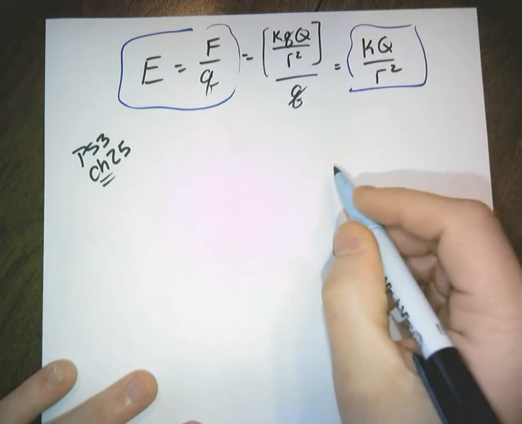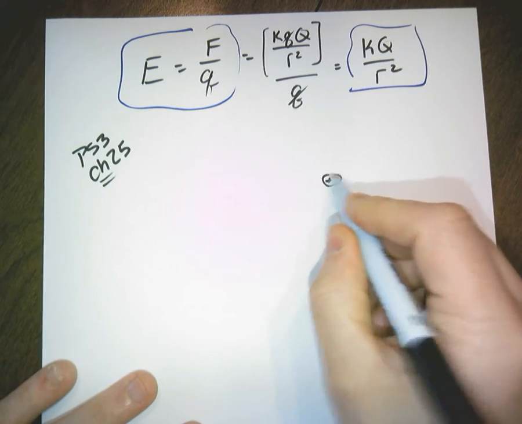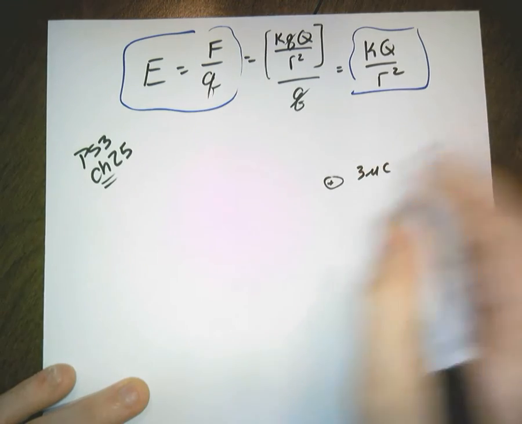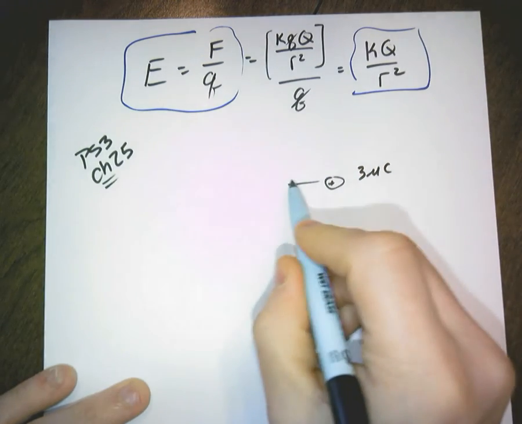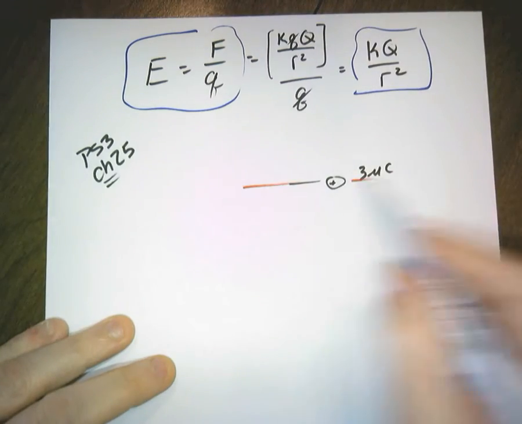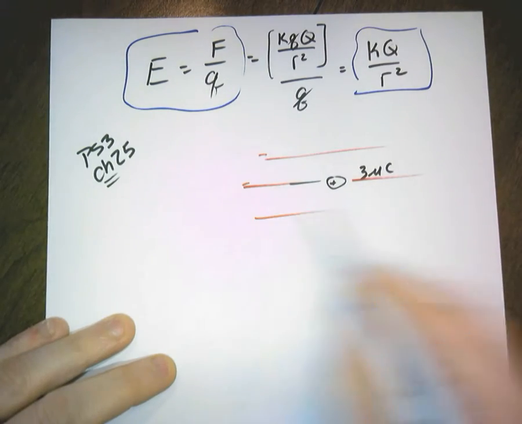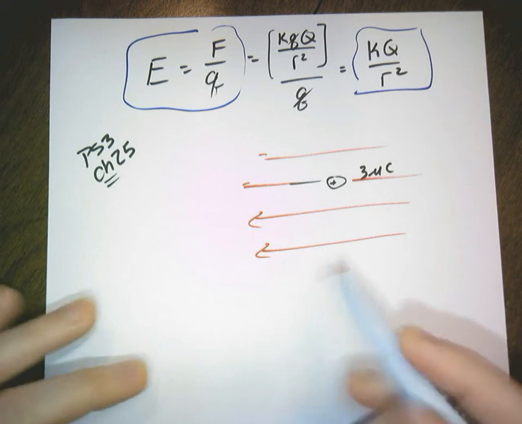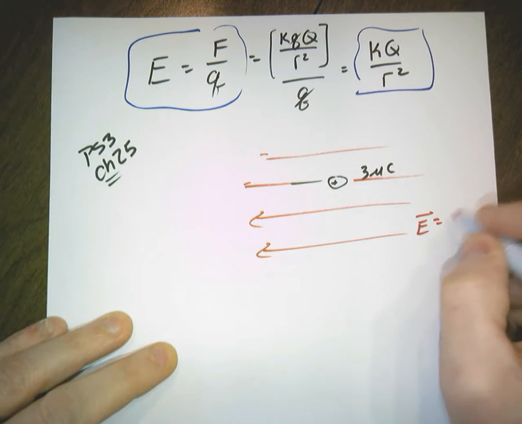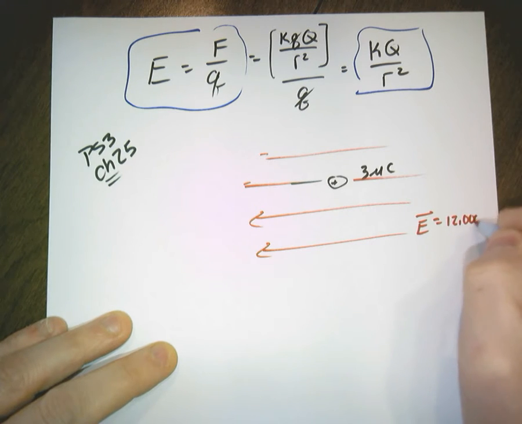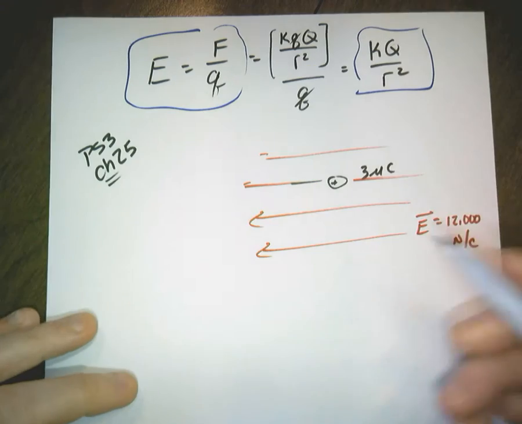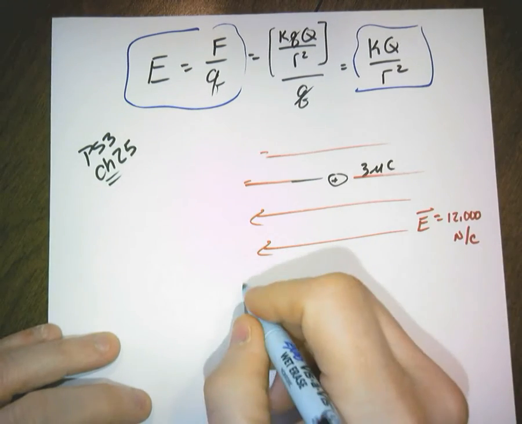I've got a charge in space, okay? It's 3 microcoulombs, and it's in a uniform field. I don't know what's making the field, of 12,000 newtons per coulomb. How much force?